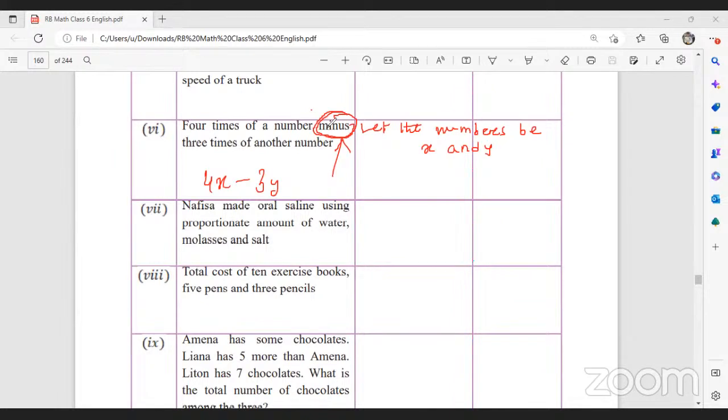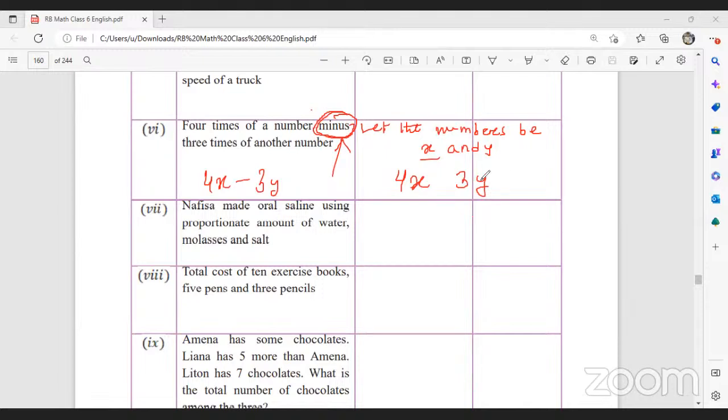So what is 4 times of the first number? That is 4x. And 3 times of the second number is 3y. If we want to find the difference, it will have to decrease by, or be the opposite number. Once it is not told that this is a negative number, we assume it is positive.